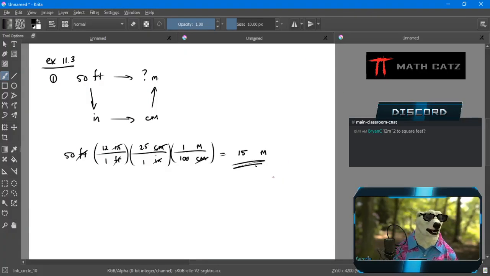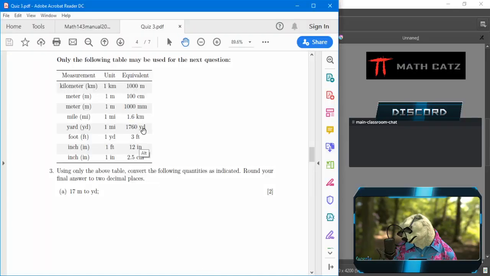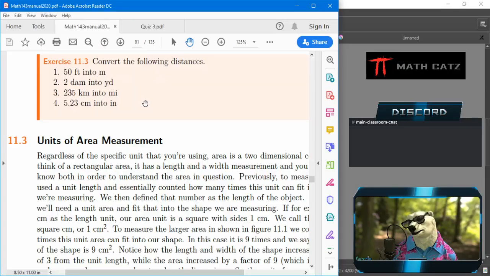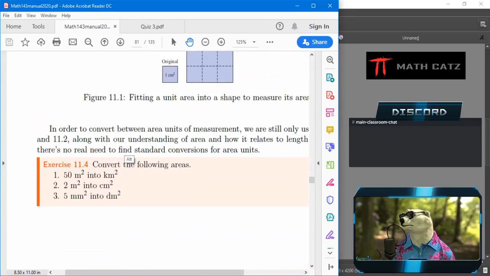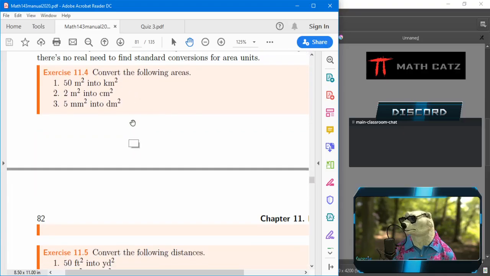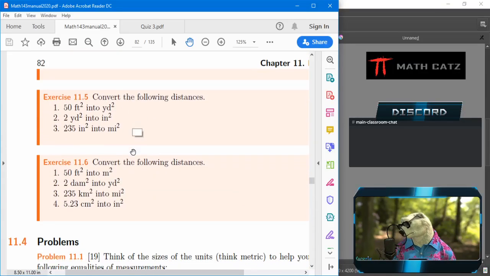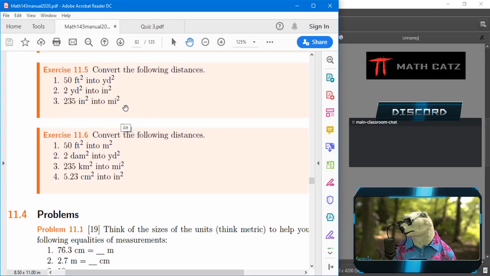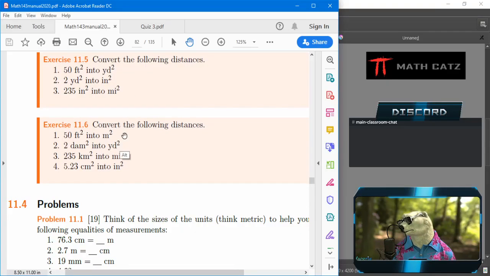So we want to practice some area conversions as well. Wow, time goes really fast when you're converting units. This one stays in the SI unit system, boring. This one stays in the English system, a little bit less boring.